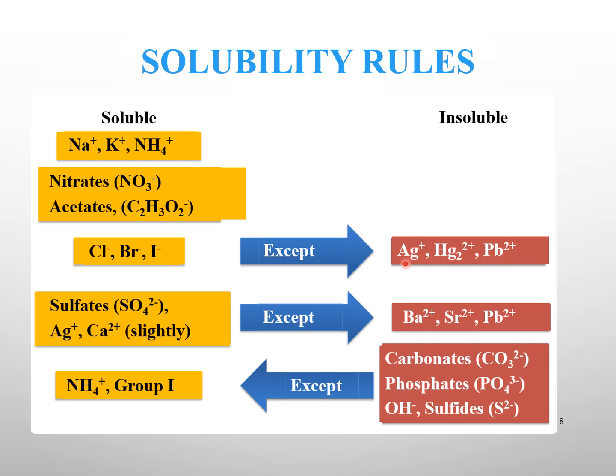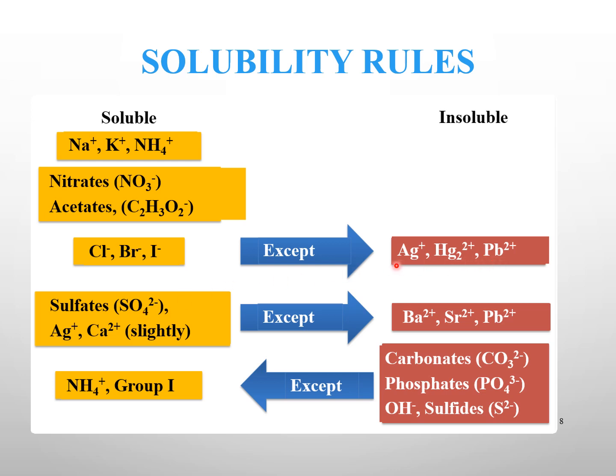So in this case, if it had silver chloride, it'll be insoluble. Mercury chloride, insoluble. Lead 2 chloride, also insoluble. It's because that's one of the exceptions. Or AgI is insoluble as well, or PbI2 is insoluble. So basically, all Cl, Br, and I are soluble unless it's paired with Ag, mercury, and lead.